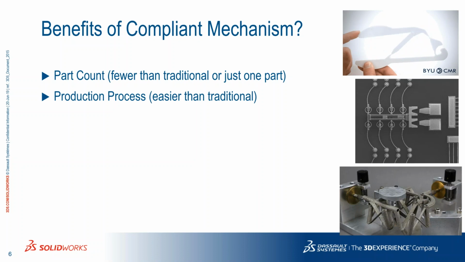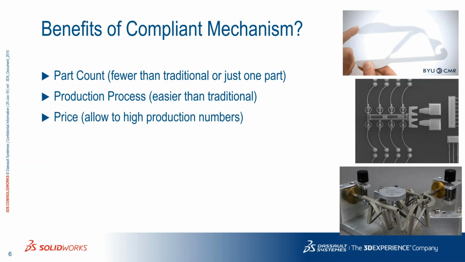The production process, of course, is easier because, again, it's just one part or fewer parts than the traditional mechanisms. The price, of course, because basically we can produce in high numbers and use an easier process and so on. So the price will also be affected by the compliant mechanism.